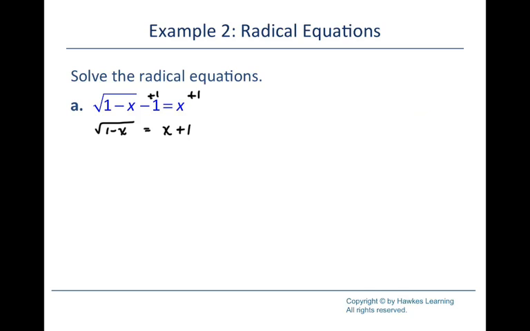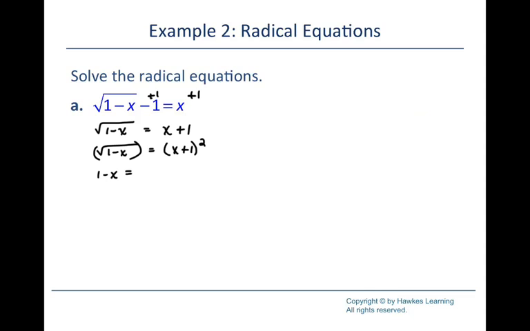Now we're going to have to square both sides. So when we square both sides, we have this quantity x plus 1 squared. Now when you square a square root, it just lifts the radical. So this on the left becomes 1 minus x. Squaring a square root is very easy.